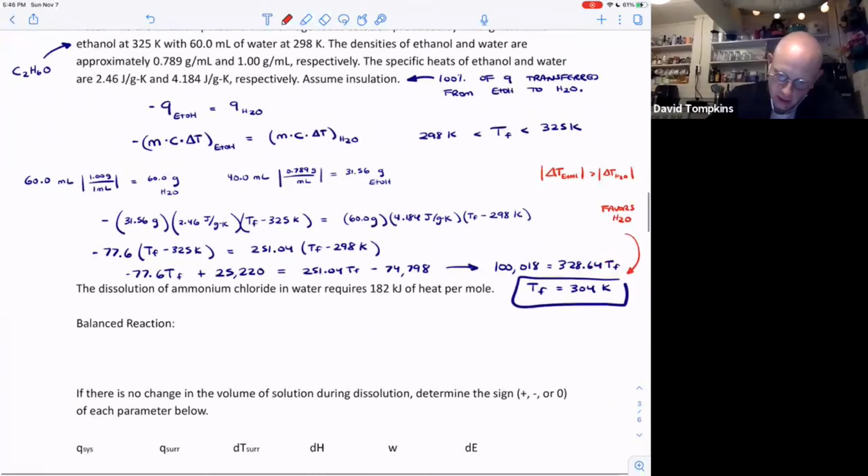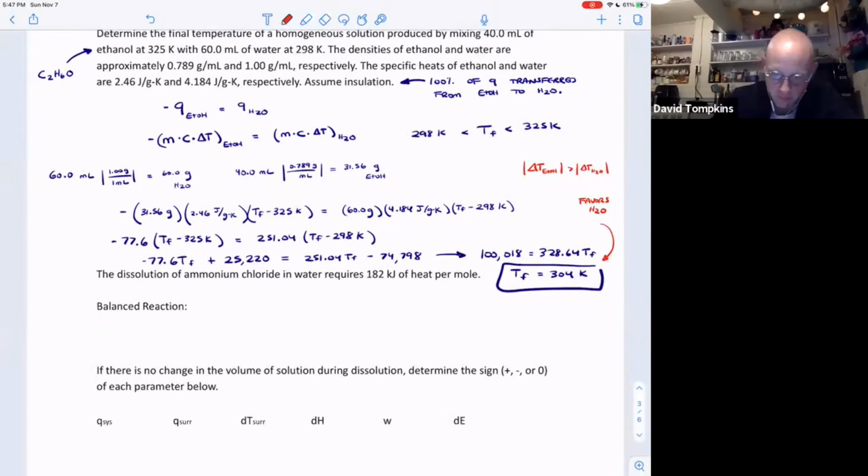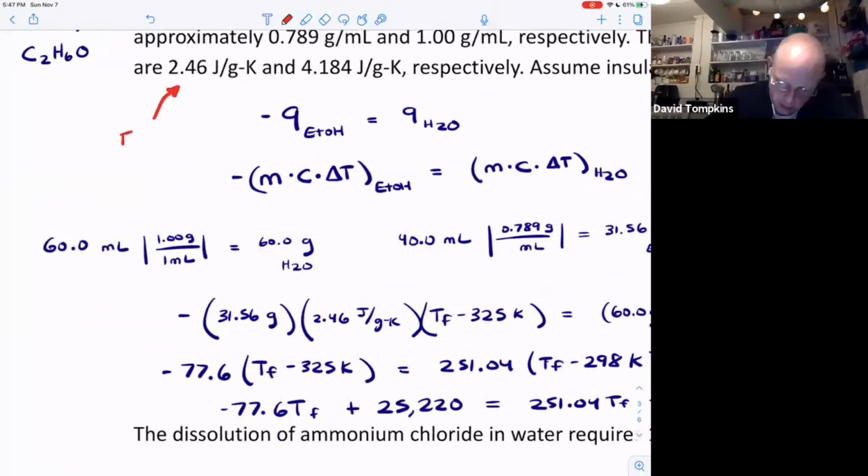Because it only takes 2.46 joules to decrease ethanol's temperature by 1 degree Kelvin for 1 gram of the substance. It's a lower specific heat, okay? Which means it takes less heat exchange to change the temperature. So for ethanol, the temperature changes with less energy going in or out relative to water.